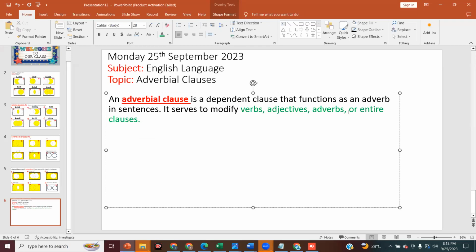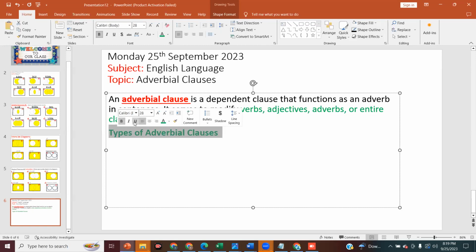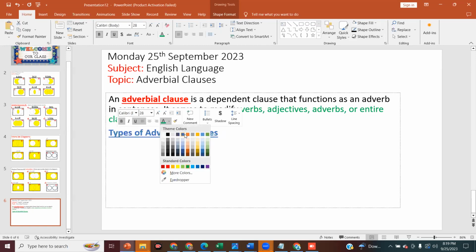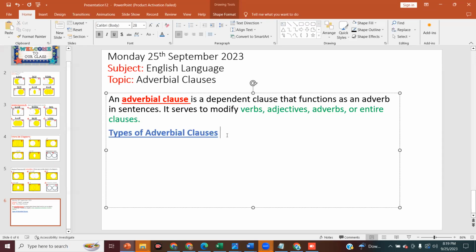So let's look at the types of adverbial clauses. Let's look at the different types. The first type that we're going to be looking at is the adverbial clause of time.